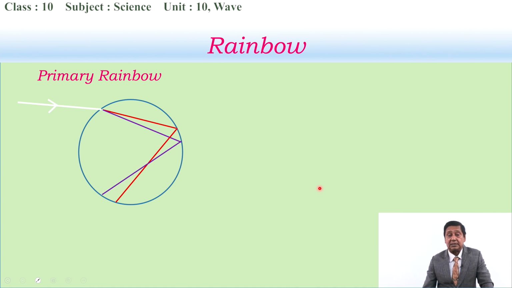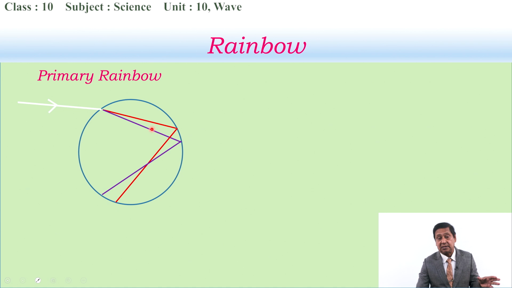Now, it is reflected back by this surface. Total internal reflection takes place on this surface because light is traveling from denser medium water to rarer medium air, and the angle of incidence is greater than the critical angle. The critical angle for water is 49 degrees, and this angle of incidence is greater than the critical angle.